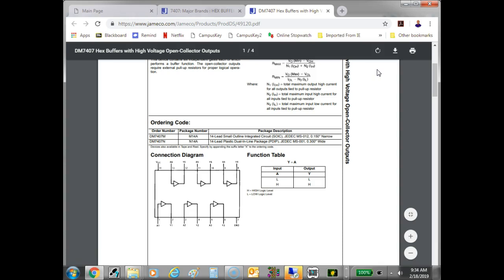So we're going to use this for several different things. One thing we're going to use it for is for isolation, just isolating things. But what we wanted to do is have a circuit which I could make act like a buffer, or I could make it act like an inverter.